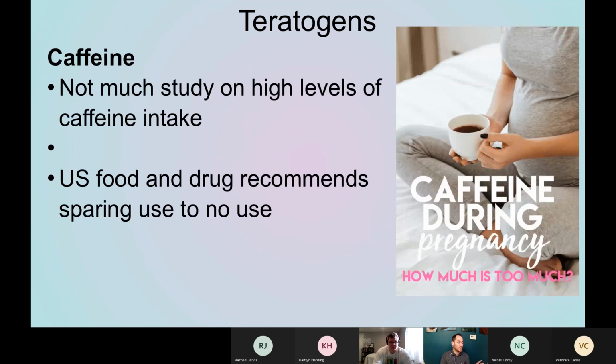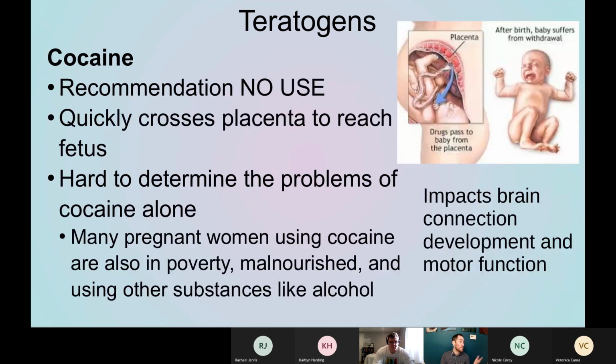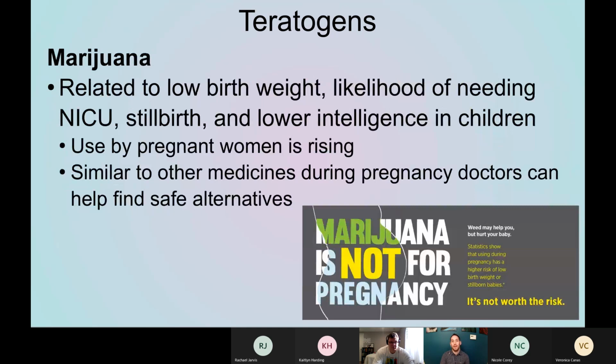Caffeine is one where it's still not super clear, but the recommendation is to use a different kind of stimulant. So talk to a doctor about anything that you're using. A good example of that is actually marijuana. It's used medicinally in a lot of states now in the US. With that being said, for the pregnant person, using THC is probably not the best idea because it is related to low birth weight, likelihood of needing a NICU, stillbirth, and lower intelligence in children.